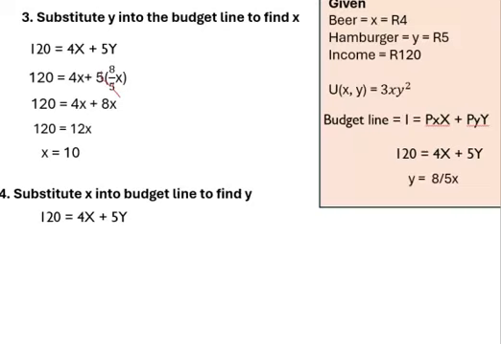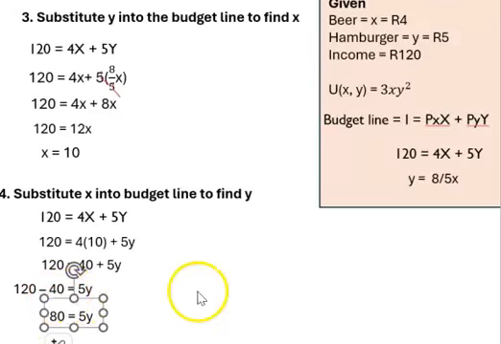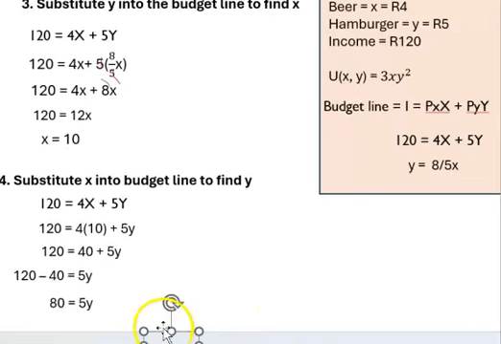So we say 120 equals 4 times 10 plus 5y, which means that 120 equals 40 plus 5y, and therefore 120 minus 40 equals 5y, and that gives us 80 equals 5y, and lastly it gives us y equals 16.